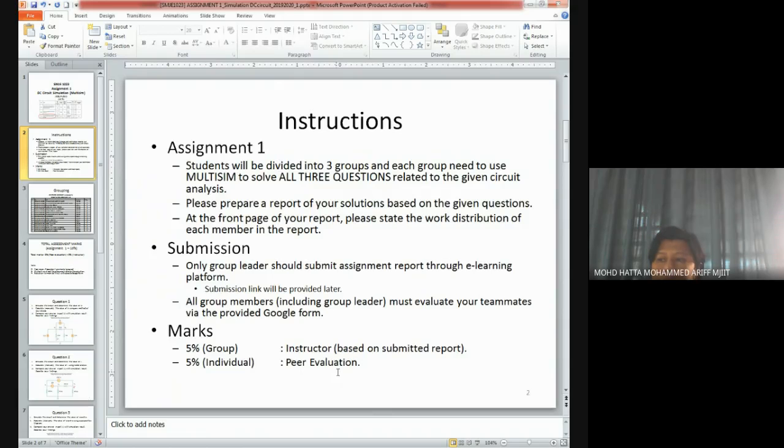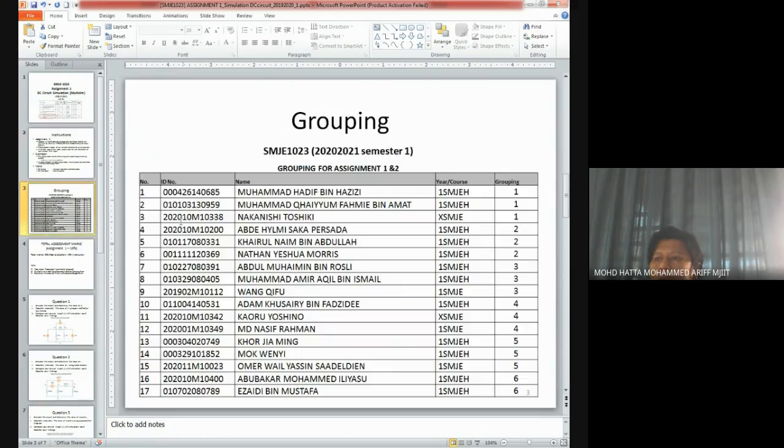So you need to evaluate your teammates. The evaluation link will be given to you later on. I think I will design a Google form, and then you need to evaluate your teammates according to the rubric inside the Google form.